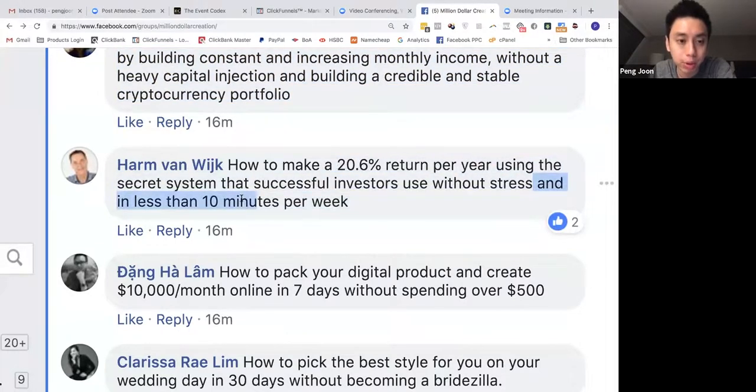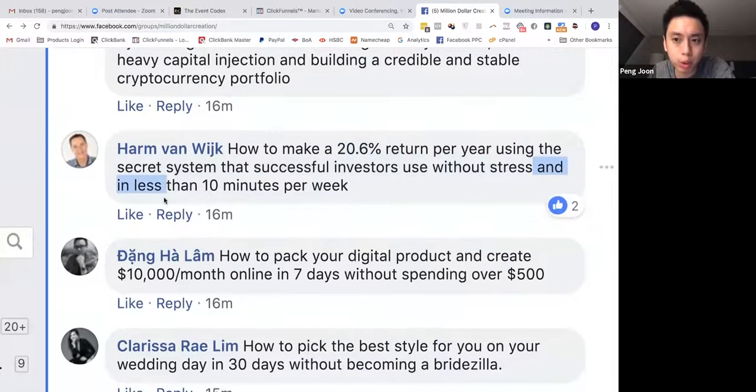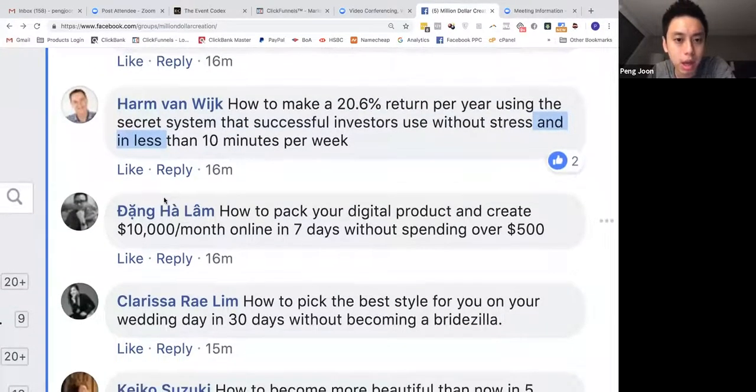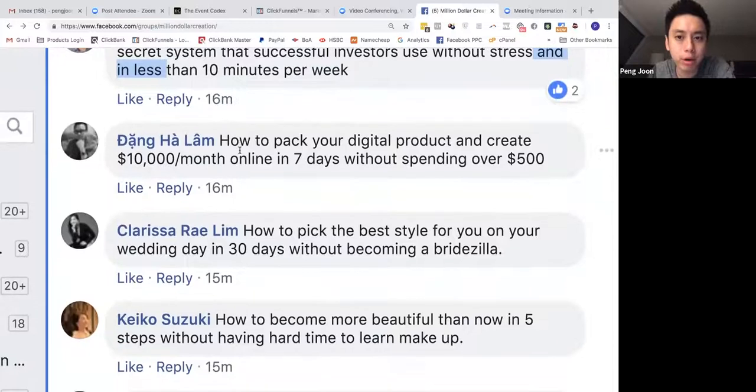The only weakest link in this sentence is the grammar over here, and in less than 10 minutes per week. I would say straight up, without the stress, utilizing less than 10 minutes per week. How to pack your digital product and create $10,000 a month online in 7 days without spending over $500. So same thing over here.